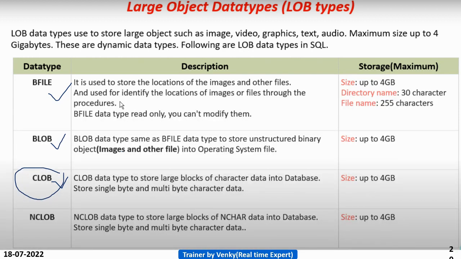CLOB means character large objects. You use LOB data types to store large objects such as images, videos, graphics, text, audios, or anything. Large blocks of character data, large blocks of data, because we can't store more than 4000 bytes by using varchar2.